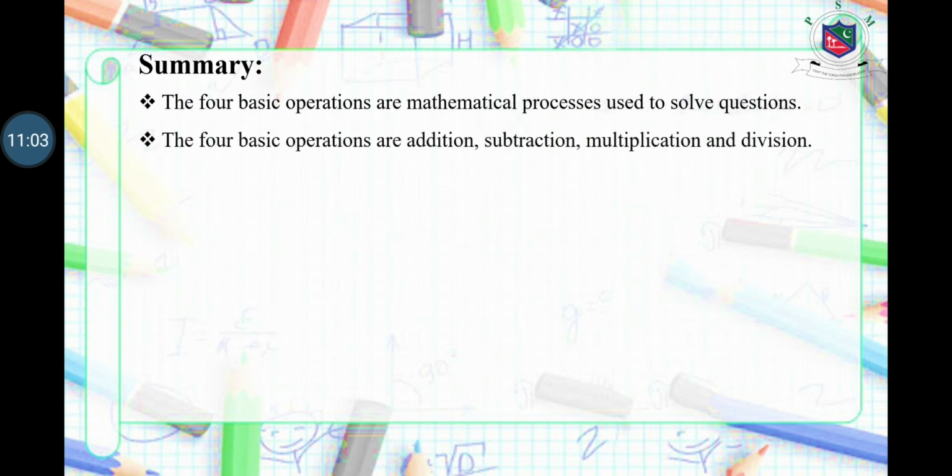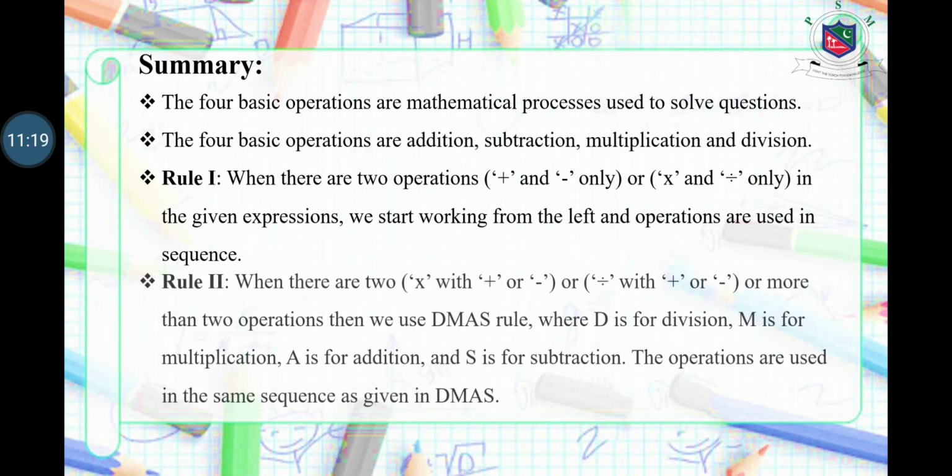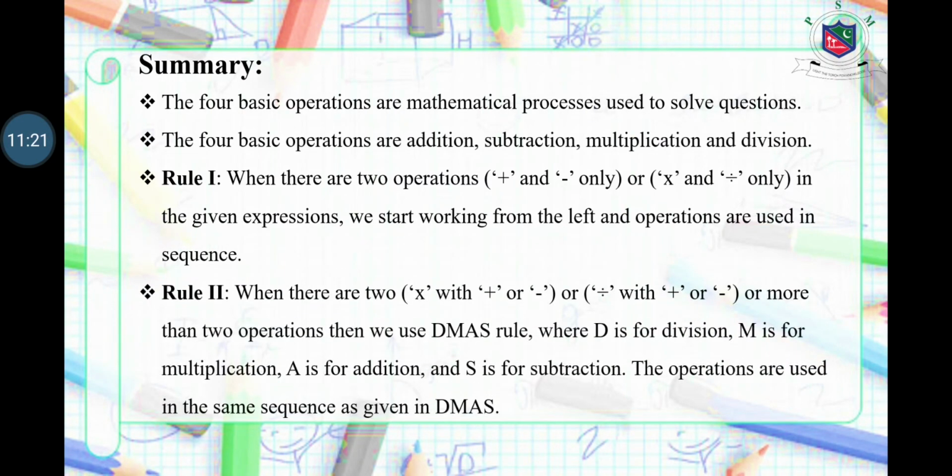The 4 basic operations are addition, subtraction, multiplication, and division. According to the first rule, if only 2 expressions are given, we have to use an order starting from left to right. And according to the second rule, we have to use the DMAS rule, means first we have to use division, then multiplication, then addition, and at the end, subtraction.